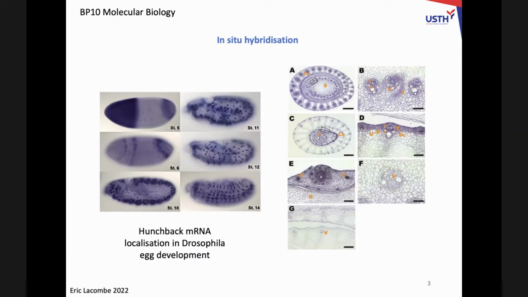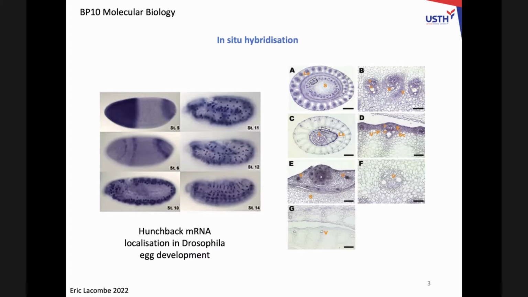If we take one tissue and make cross-sections of it, we can directly hybridize with a probe. We can directly detect in the histochemical slice which cells are accumulating one specific RNA. Do you understand the idea?